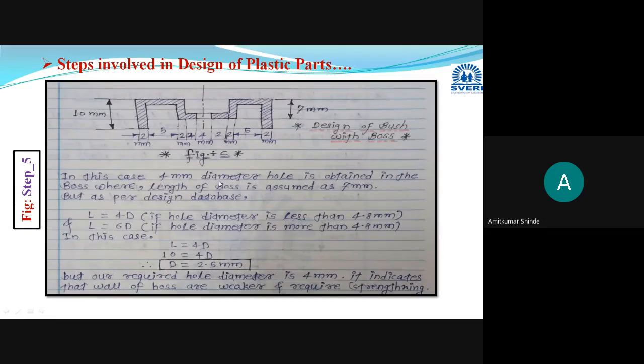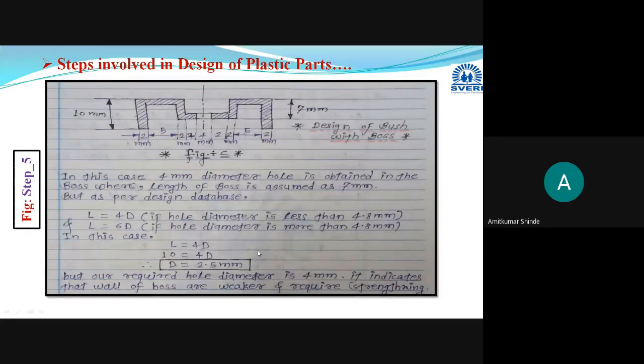Now here the hole diameter is given as 4 millimeter. Then its length will be 4 times the diameter. The total length given is 10. The maximum possible length of the bush, or height of that bush, is equal to the length of the boss, which is 10.